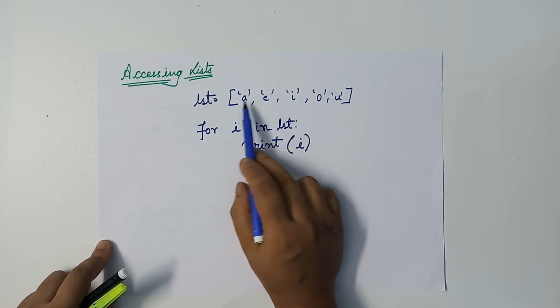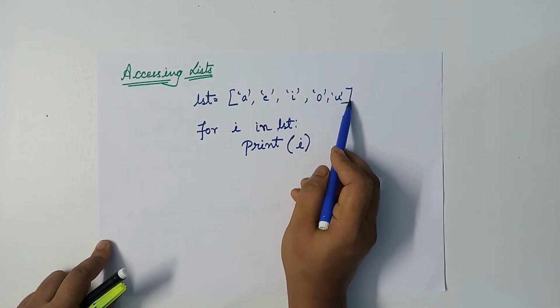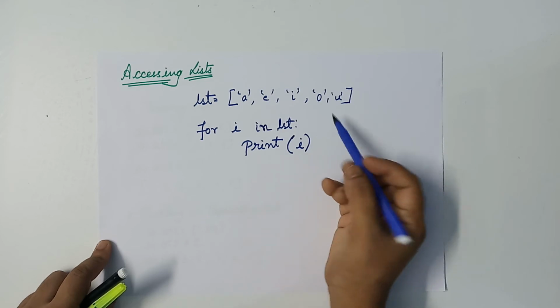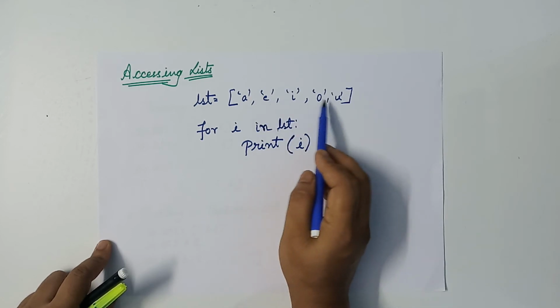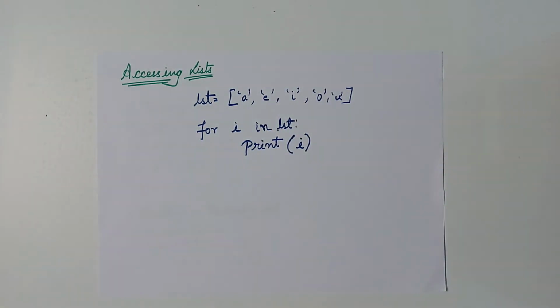So in this way each and every element can be accessed. Once you run this program, you can see that all the elements of this list are displayed. So in this way we can access the list. We can have the concept of positive indexing as well as negative indexing, as we have done in case of the string.